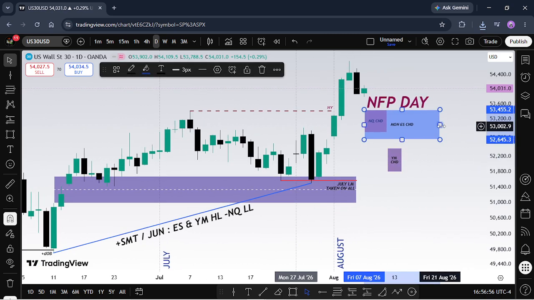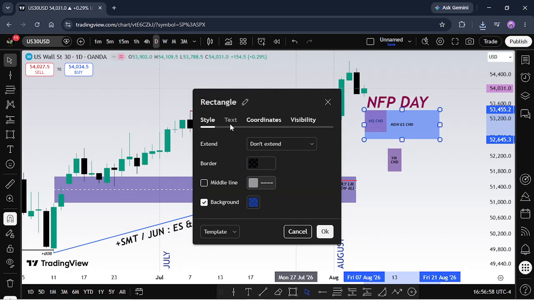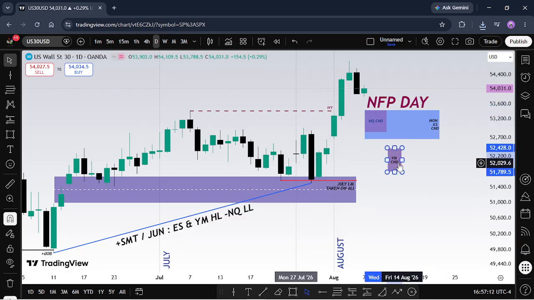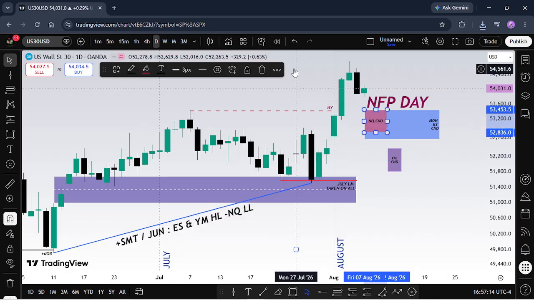Okay, let's move this wording to the end, to the right, and then make it like this. Let's make it like this. Yeah. Okay, let's move this to the front. Yeah.